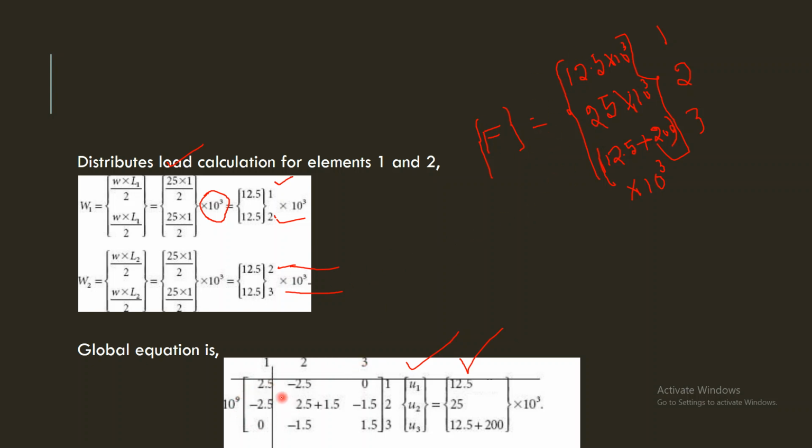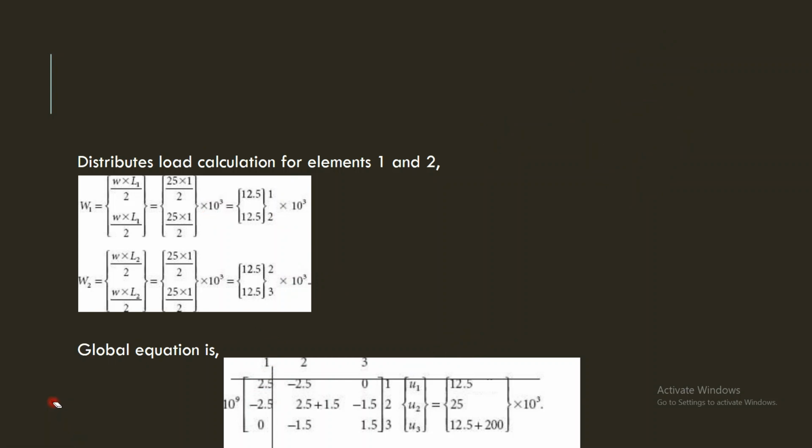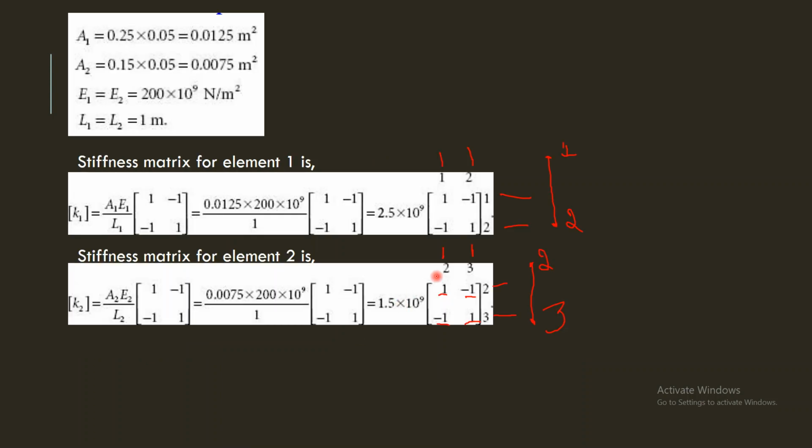Coming to the global stiffness matrix, in order to find it, you should once again come across the element matrices. Since the numbers are changed, I am going to multiply the values.